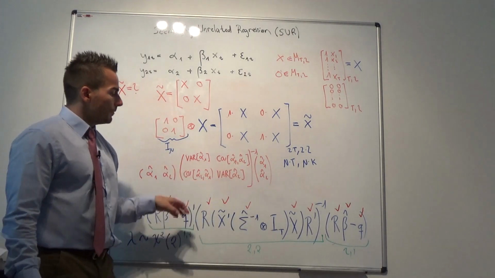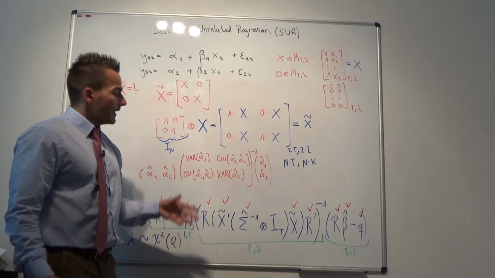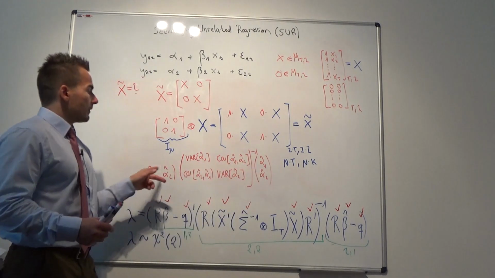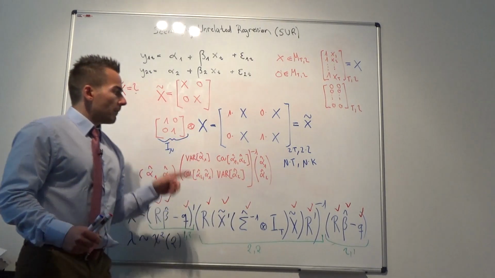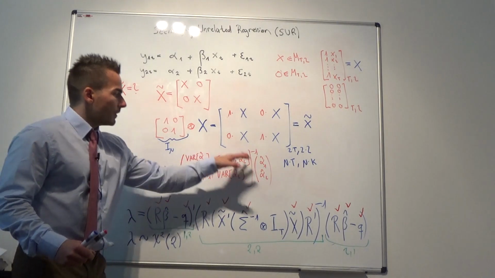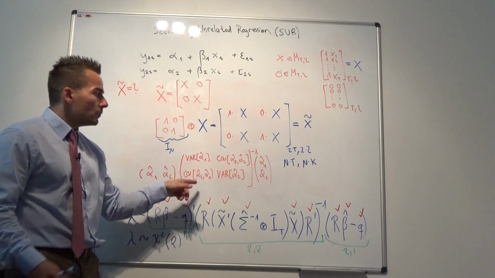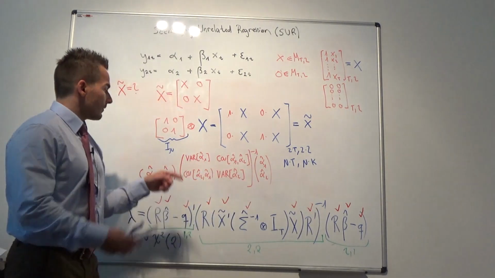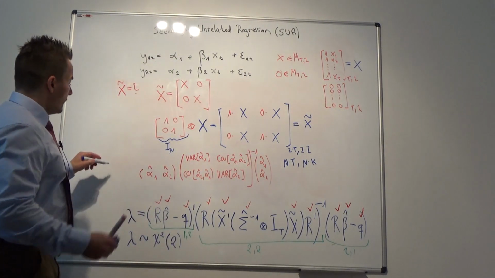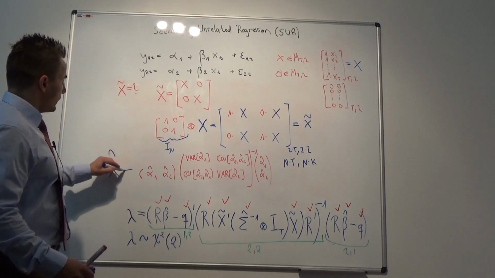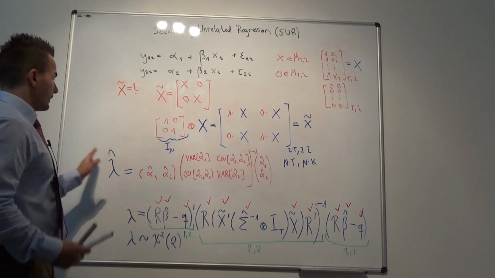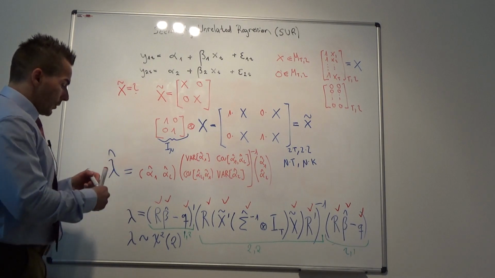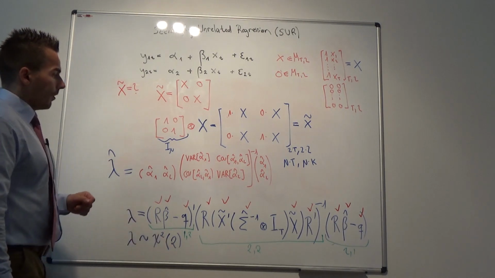It just grabs the corresponding elements in the covariance matrix that are related to the parameters that you want to test. We have two parameters. That's why the covariance matrix must have the dimension 2x2, and you see here that it's inverted. So it enters the test statistic inverted. So that's the estimated test statistic, lambda hat. And I told you already, it's chi-square distributed with 2 degrees of freedom.